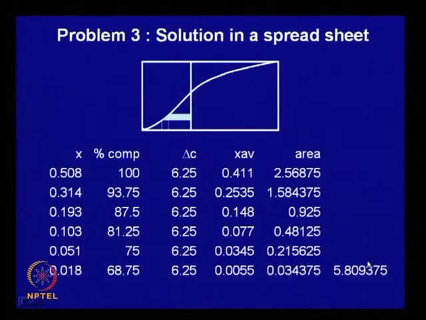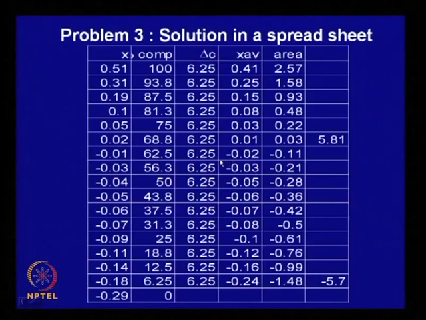Now, the same thing you do for the entire concentration profile, and here you see if you add up to this point, that is 5 point, the area is 5.81, and you add this part here, it is this.